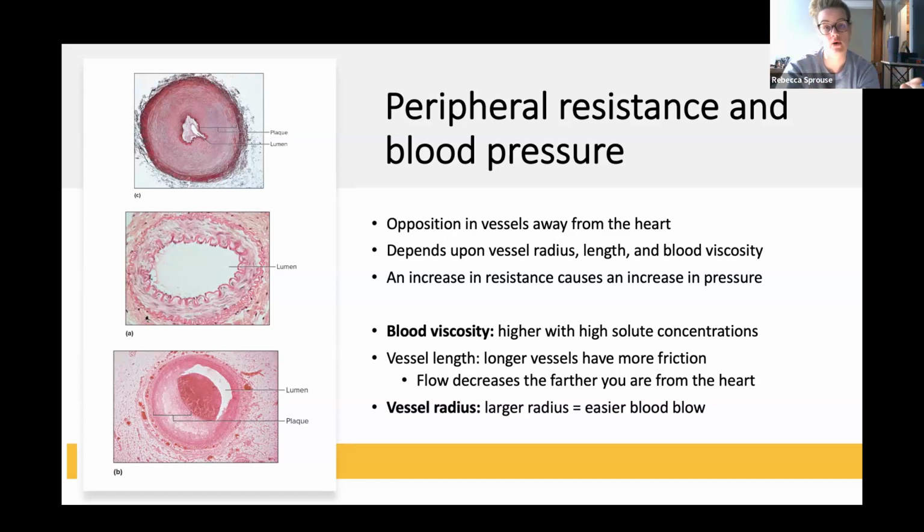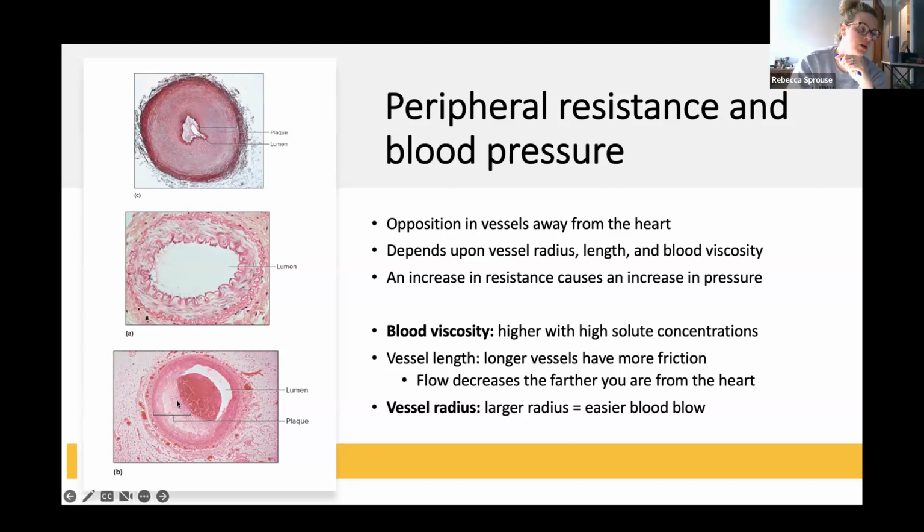Which one's going to go slower? The maple syrup. So the higher the viscosity, the more peripheral resistance there is. The more resistance you have going through the vessels, the higher the pressure. The harder the heart has to work, maybe the faster and harder it has to pump to push that blood through those vessels. Okay.